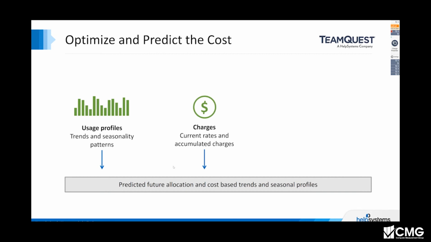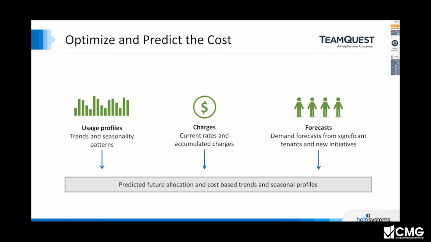You also need to understand the charges. What are the current rates and what are the accumulated charges thus far? Also things like inter-instance communication, or types of instances, whether reserved or on demand, et cetera. So the charges and the cost structure of the public cloud provider become a very important aspect as well. And then you still need to work with forecasts.